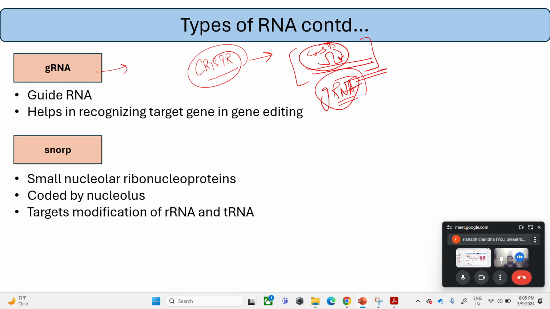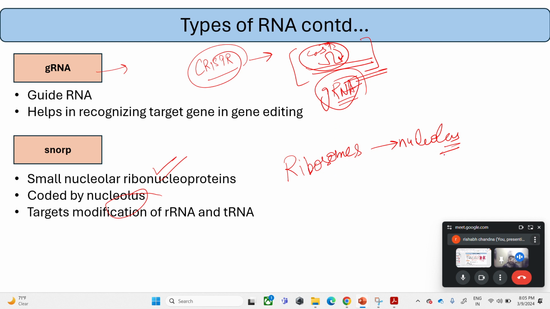Then we have the snoRNA. SnoRNAs are small nucleolar RNAs that are coded by the nucleolus. So the nucleolus also codes for some of the RNAs. Basically, the ribosomes are formed in the nucleolus.